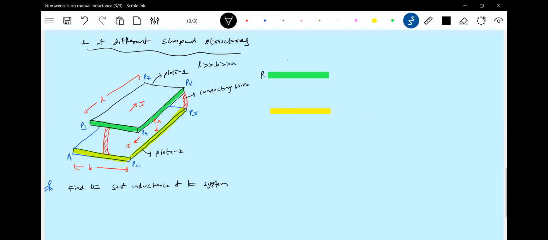This will become P3, P4, and this will become P1, P2. Here current is entering and here current is coming out. Define lambda as current per unit width, I by b.